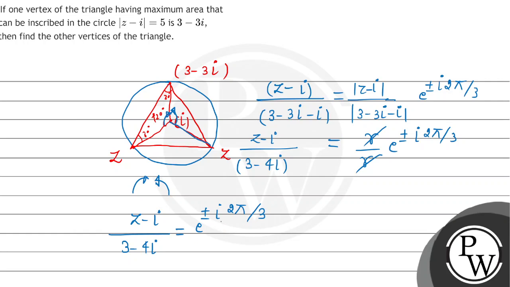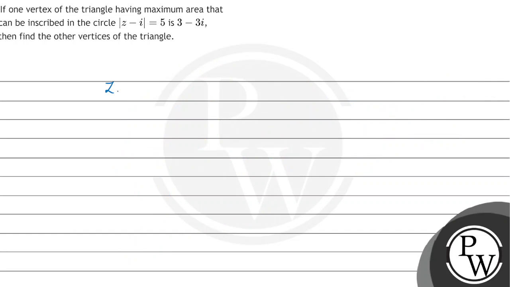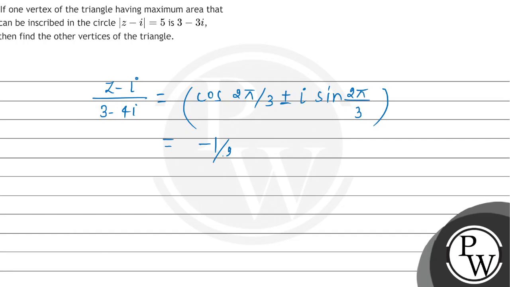Now we'll expand this and then we'll get (z - i)/(3 - 4i) = cos 2π/3 ± i sin 2π/3. The cos 120 is nothing but -1/2.